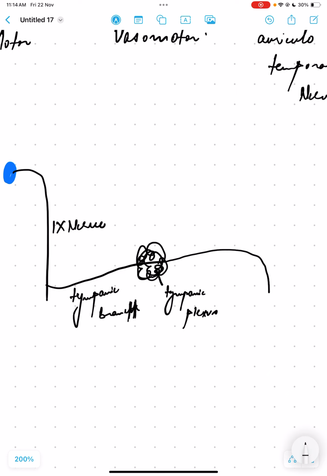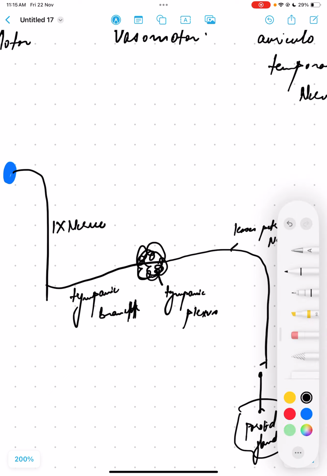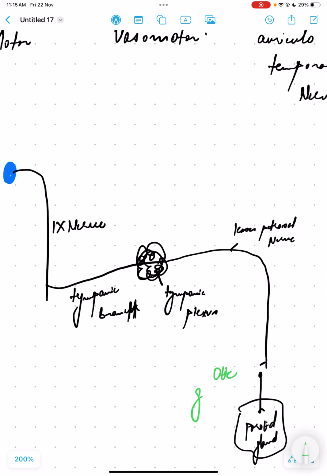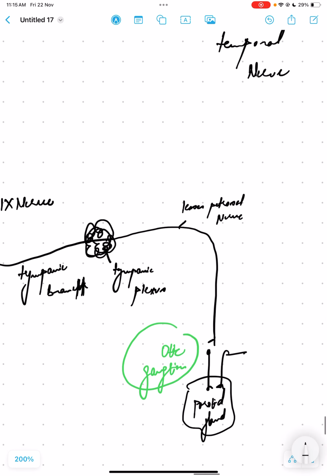Then it travels through the lesser petrosal nerve. Then there is the ganglion, called the otic ganglion, and further downwards there is the auriculotemporal nerve, reaching the parotid gland.